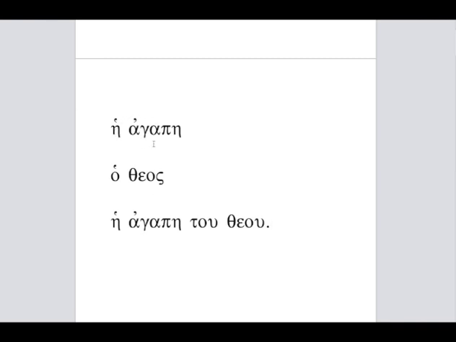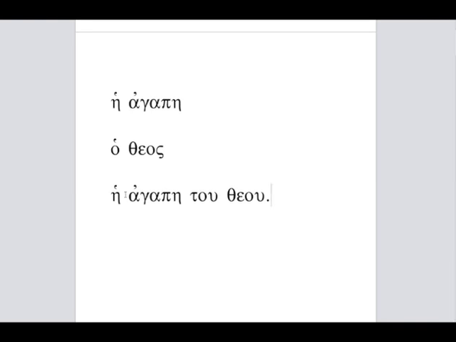Let's take this word, hē agapē, which means love. This is the nominative. And we take the word ho theos, which of course is also the nominative. And let's form a sentence with these two words, put theos in the genitive. So hē agapē tou theou, which would translate to the love of God.